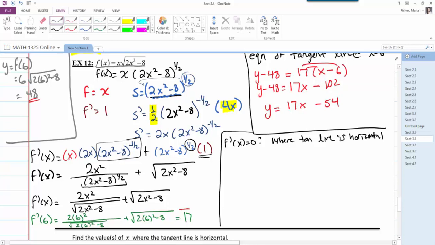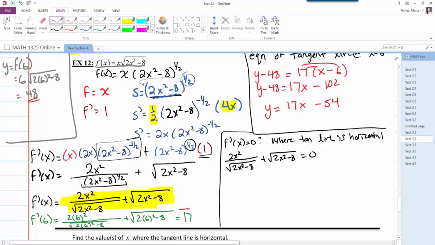So we need to set that first derivative. Remember, we got that first derivative to equal this, which is 2x squared over the square root of 2x squared minus 8 plus the square root of 2x squared minus 8, and set that equal to 0.